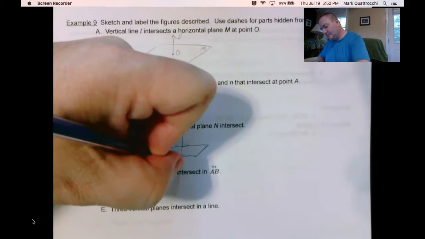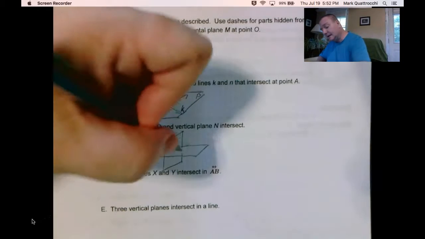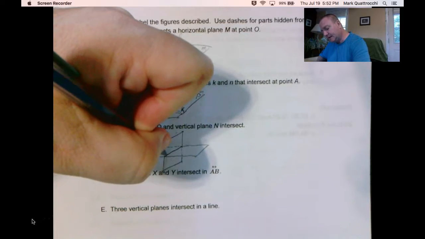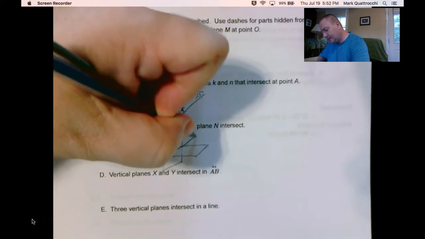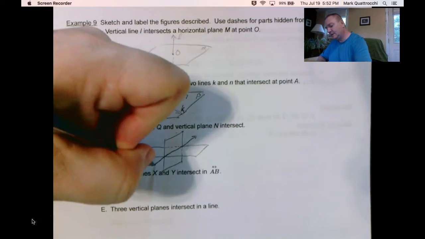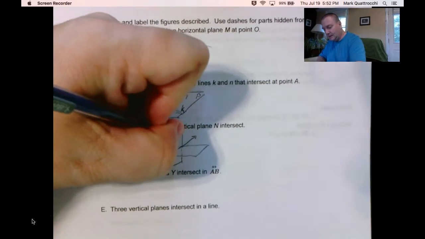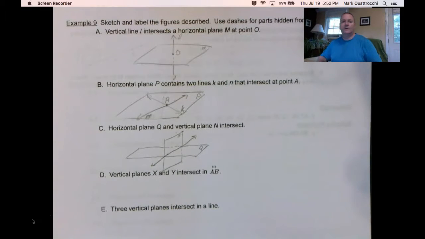And it comes out. Finish off the bottom. And what I haven't drawn is the intersection yet. So they intersect here at this line. I can even draw that line continuing, because in reality these two planes, N and Q, go on forever and ever, making the intersection line which goes on forever and ever.